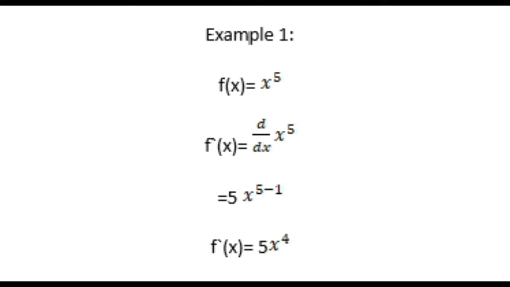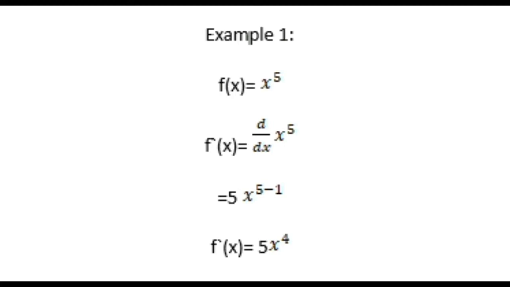Example number 1. f of x equals x to the power of 5, and we will get its derivative using the power rule. First step, write down f prime of x equals the derivative of x to the power of 5.